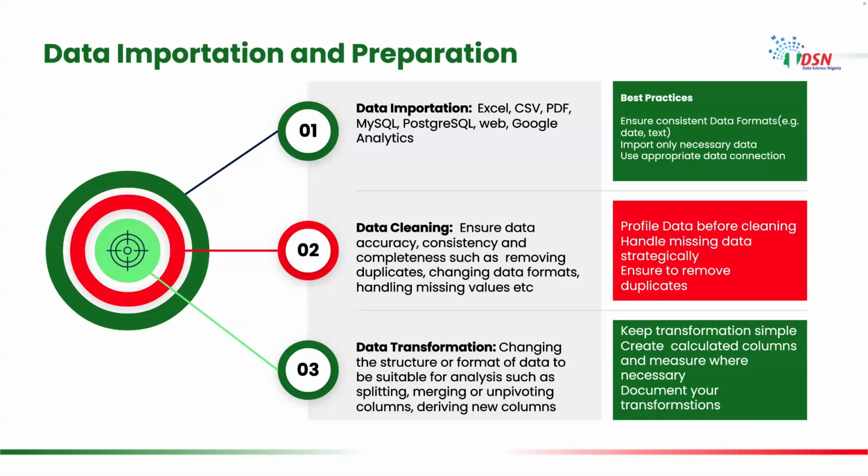Data format is very, very important, making sure that your columns or variables, whichever you prefer to call them, are in the right data formats. It will prevent you from having lots of errors. Even with Power BI, sometimes when you want to create certain things, you might run into errors and it might not give you the desired results. So ensuring that all your data sets are in the right data format is very important.